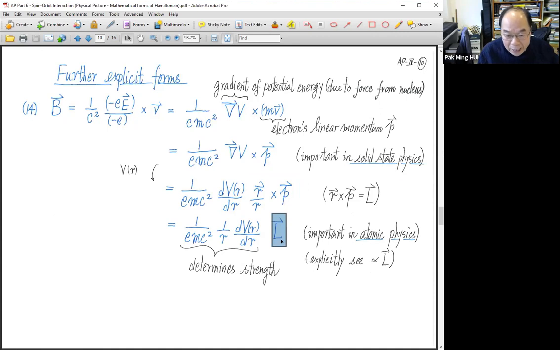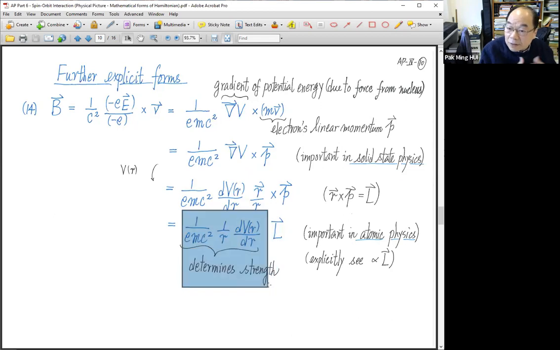So at the end, you see what is determining the strength, the prefactor there for the internal magnetic field. It has to do with 1 over m_e c squared. The c squared here is already saying something about relative motion, all right?